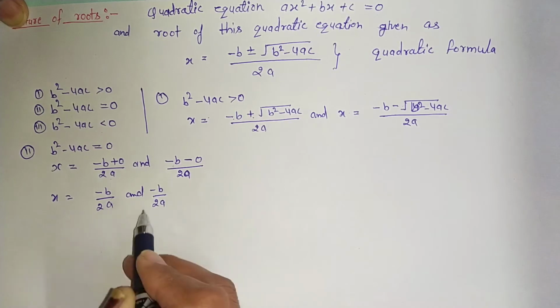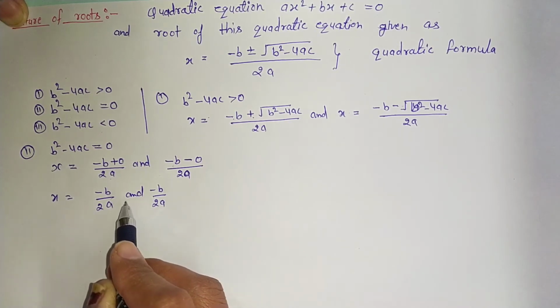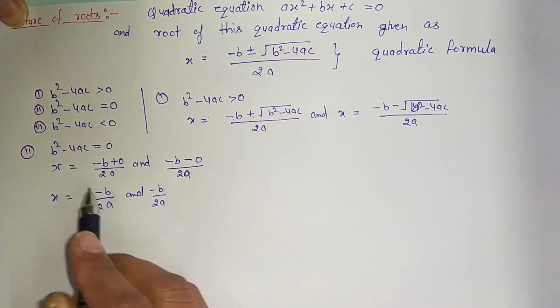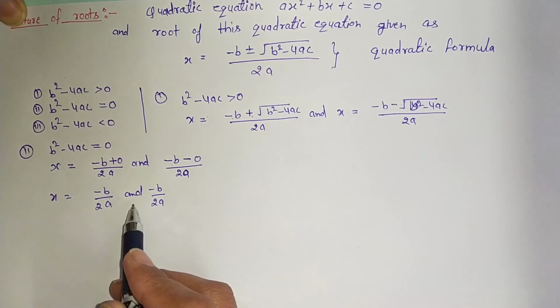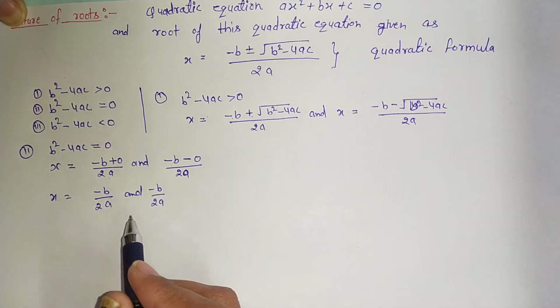Here we saw that the roots of the quadratic equation in this condition are the same. That's why we can say that the quadratic equation ax square plus bx plus c equal to 0 has two equal roots in this case.